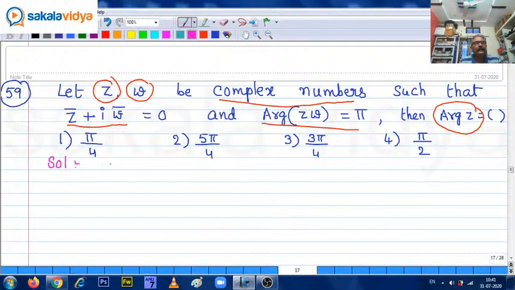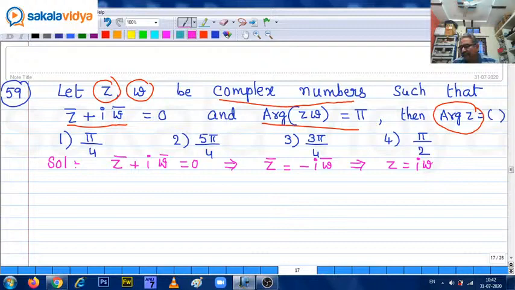What is given here? Z bar plus I times omega bar equal to 0. So that implies z bar equals minus I omega bar. That implies z equals, taking bar again, z bar whole bar is equal to z, I bar equals minus I, minus into minus plus I, you will be getting omega. If z bar is equal to minus I omega bar, z is equal to I omega, we got it.